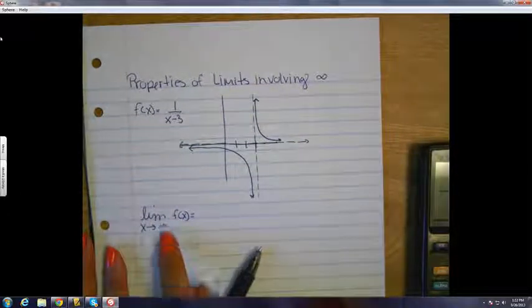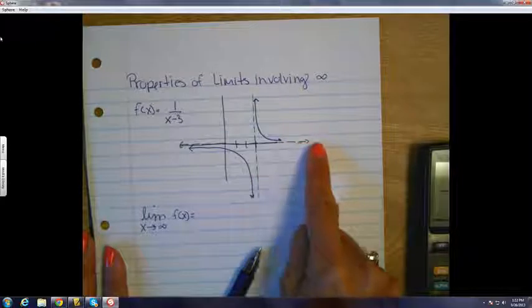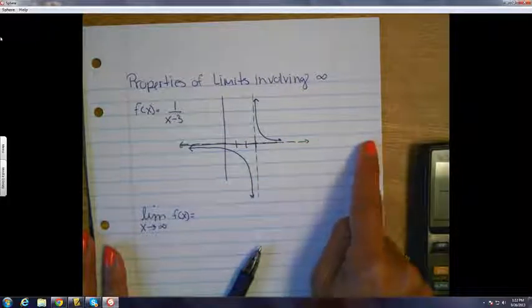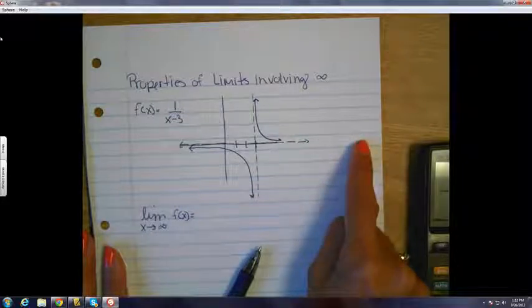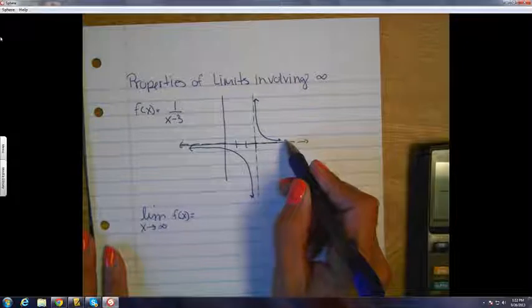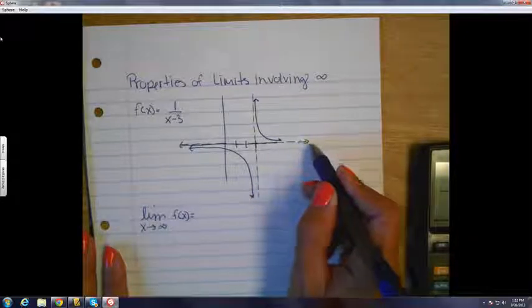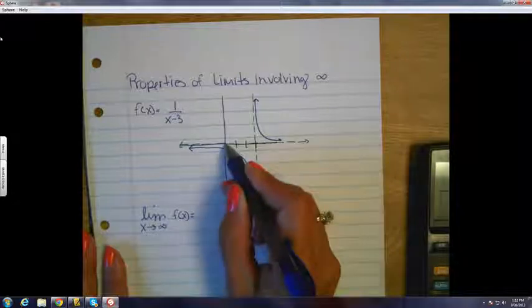And we're talking positive infinity here, which means I'm going to have to be over on this part of the branch. As I approach infinity, what y value does it appear that this graph is getting closer and closer to? Well, if you think about it, this arm of the graph is going to drop closer and closer. What y value is this along the x-axis? The y value of 0.